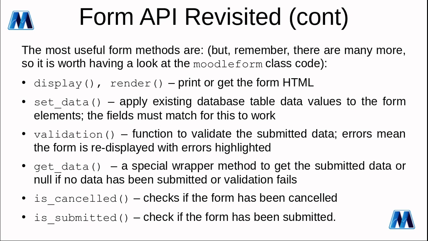And then there's get data. So get data is when the form is submitted. When somebody submits the form, you use get data to collect the data that's been submitted, and it will be null if no data is submitted or the validation fails. You can check if the form's been cancelled, and you can check if the form has been submitted.